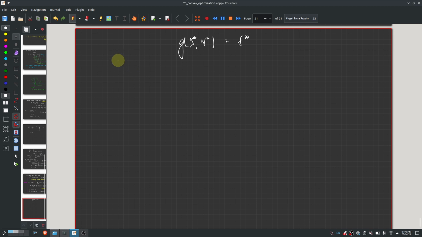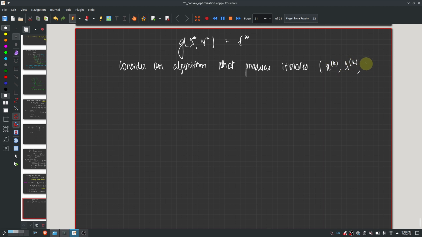So let's suppose we have an algorithm that produces, for each iteration, let's call them xk, lambda k, and nu k.